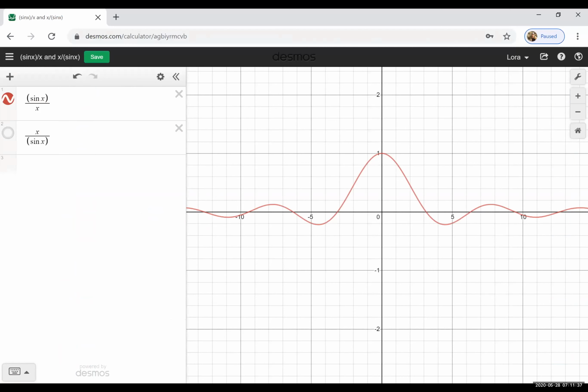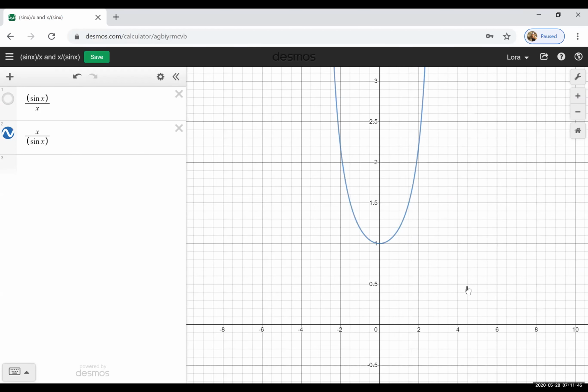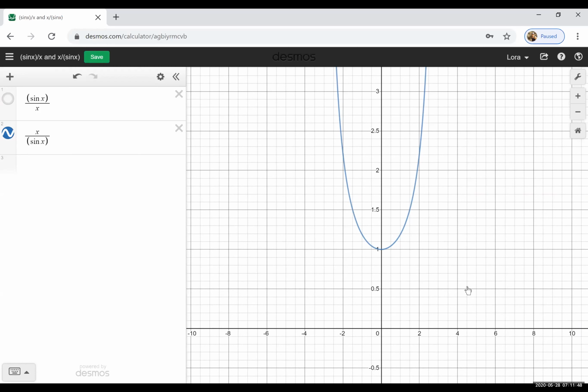I created another graph, and it kind of looks like a parabola. You can kind of zoom in on it, or zoom out on it. But if you were to look at the value of x at 0, so x equals 0, if you go through your TI and you try to punch in values, you are going to have an undefined value right at y equals 1.